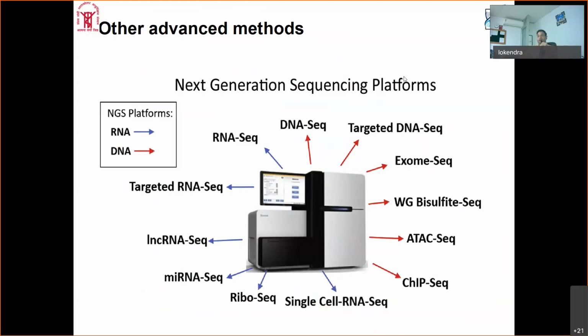And this is one example of a next generation sequencing platform, which is used on both types of nucleic acid, RNA and DNA. At the moment, NGS is primarily used for DNA and RNA and their modifications. There are various applications: DNA sequencing, RNA sequencing, targeted DNA profiling, long non-coding RNA sequences, microRNA, Ribo-seq, single cell.